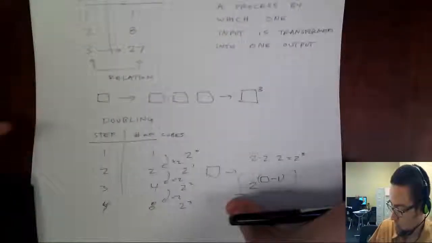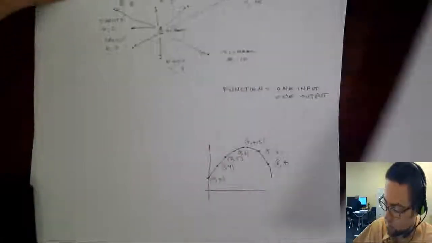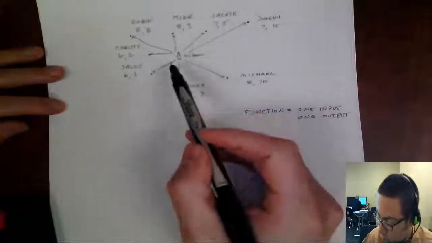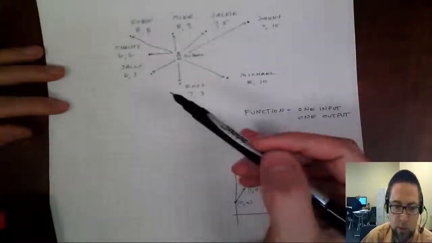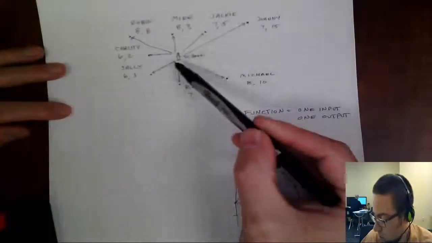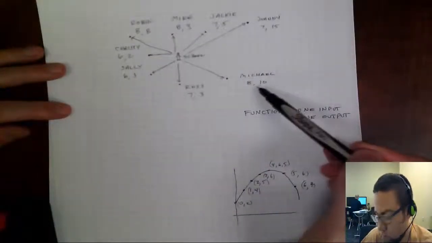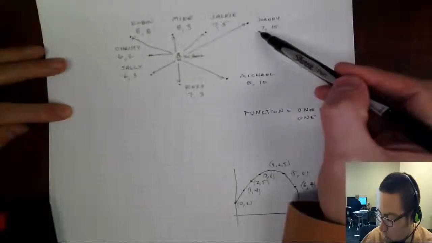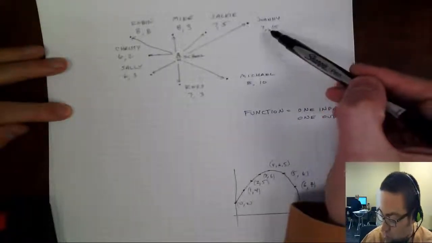Okay. There are other relations that are not functions. So let's take a look at one of those. You could have, maybe in a computer, you want to find out the distance a student lives from school. So we have Michael here that's 8 years old and he lives 10 miles away from school. We have Johnny that's 7 years old and 15 miles away from school.